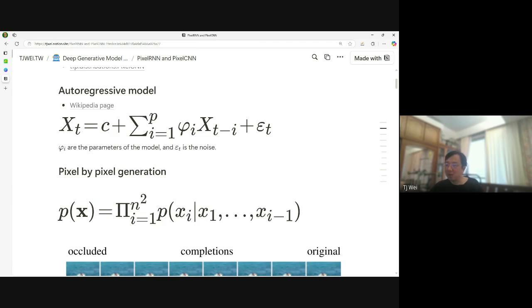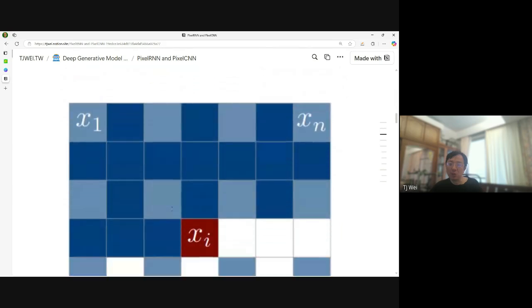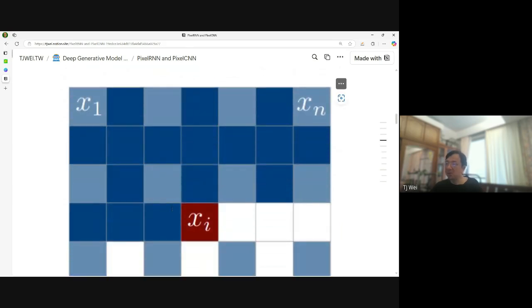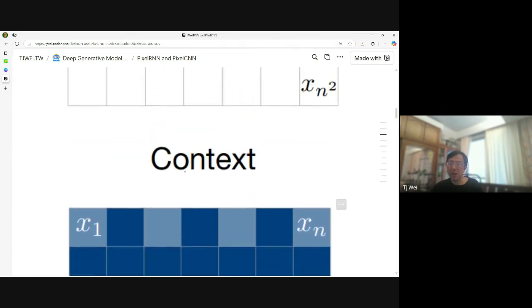So in linear-order sequential data, this context is pretty apparent to select, but in images, the most important thing is to identify the dependency, or in this terminology, the context.